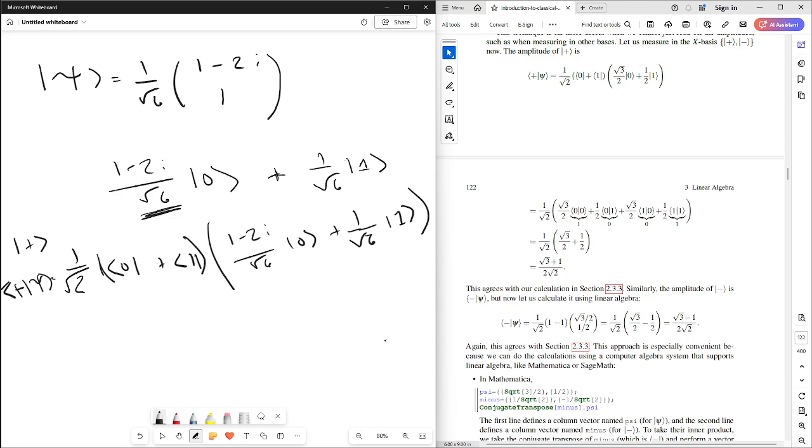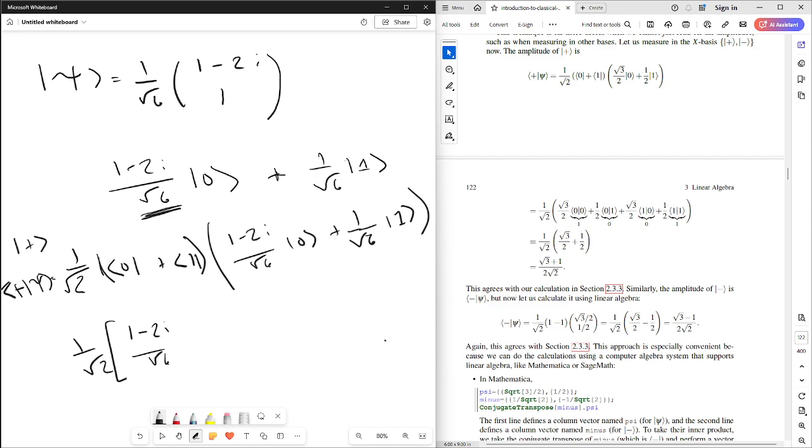So then we'll just follow what we were doing earlier, where we were distributing. So we've got 1 over square root of 2, and as we go through we can just reduce because we don't need to take up all the space. So bra 0, ket 0 is 1, so 1 minus 2i over square root of 6.